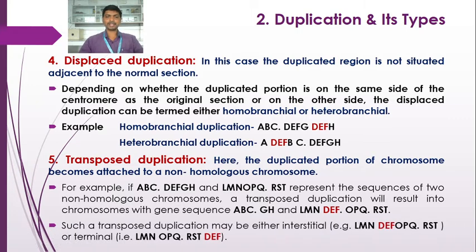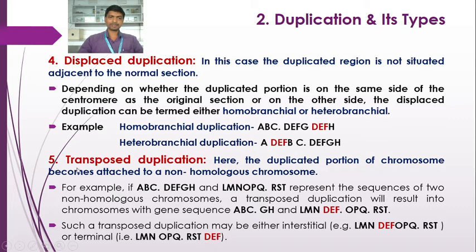Such a transposed duplication may be either interstitial or terminal. When the duplicated portion is situated in the middle of the gene sequence, it is interstitial, and if it is attached at the end of the gene sequence, at the tip portion, it is terminal. Here the duplication occurs between non-homologous chromosomes.